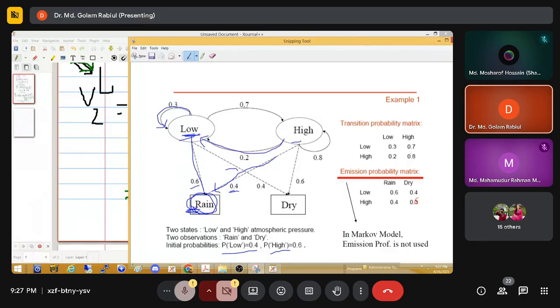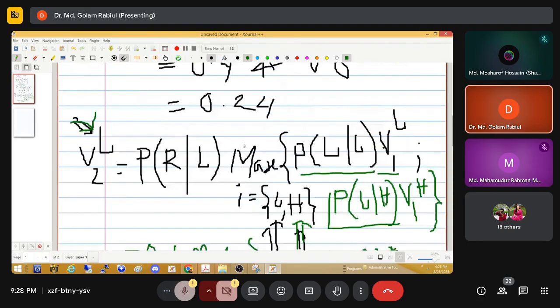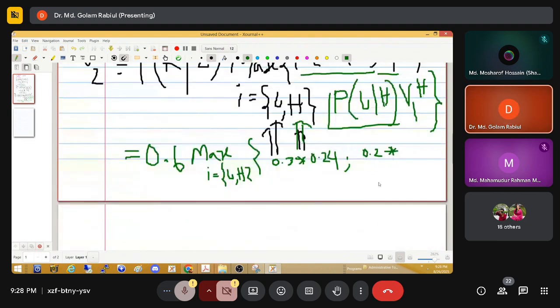So the probability of low given high is 0.2, times V1H. So V1H is what? V1H is 0.24.